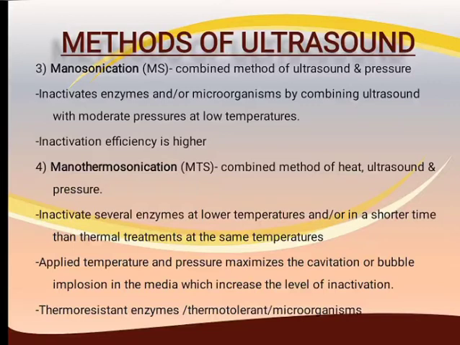It inactivates several enzymes at low temperature and or in a shorter time than thermal treatment at the same temperature. Applied temperature and pressure maximize the cavitation or bubble implosion in the media, which increases the level of inactivation. It works on thermoresistant enzymes and thermotolerant microorganisms also.